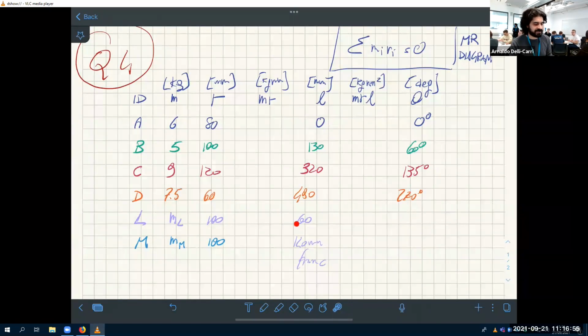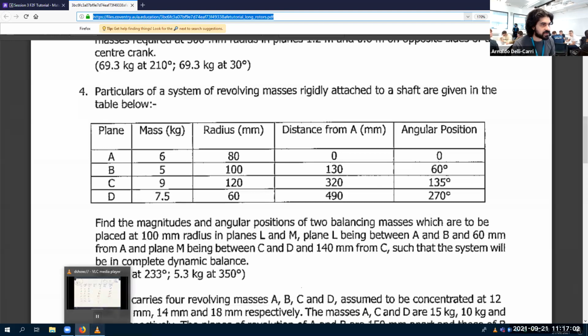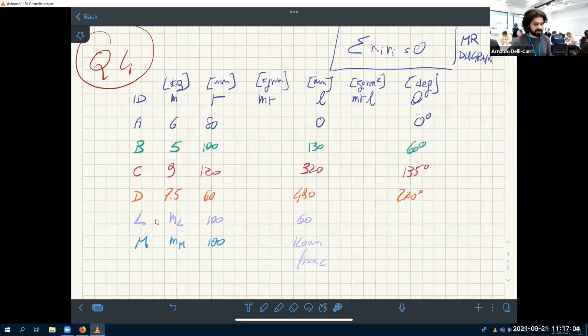That means 60 millimeters is from A. But this says it's 120, check. It's 140. It's 140 millimeters from C. Now, if C is 320, 140 from this is 460. Do you agree with me?